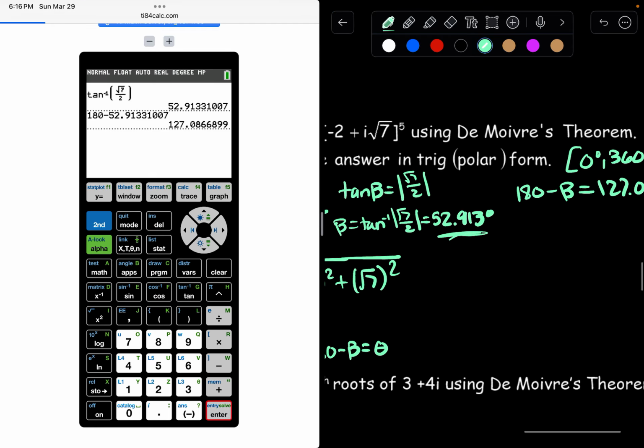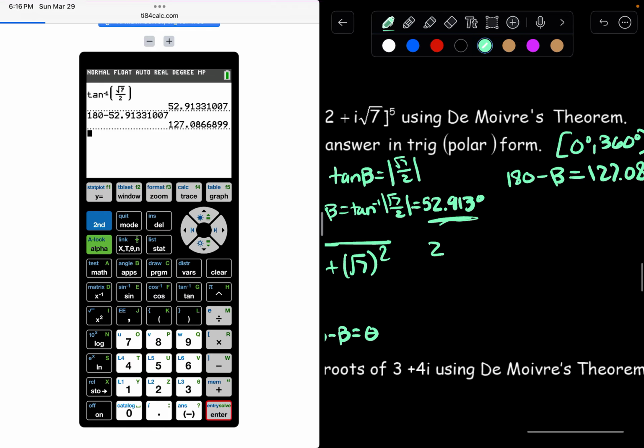So when I write this in trig form, I'm raising it to the 5th power, so z raised to the 5th. Our radius is root 11, and then I have CIS. Sorry, I need to raise that. So we're raising it to the 5th power. Because it's a square root, it's already raised to the 1/2 power. So we'll have 11 raised to the 5/2. But let me go ahead and write this.